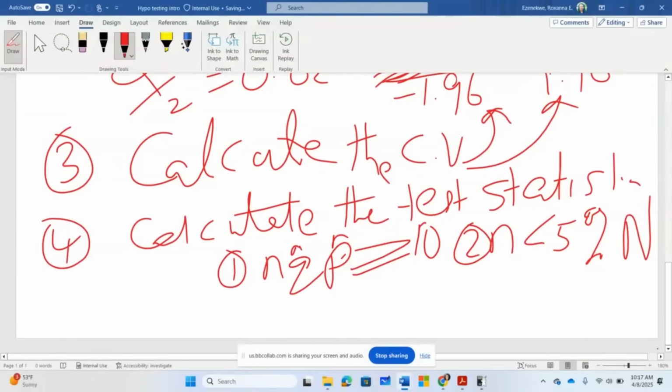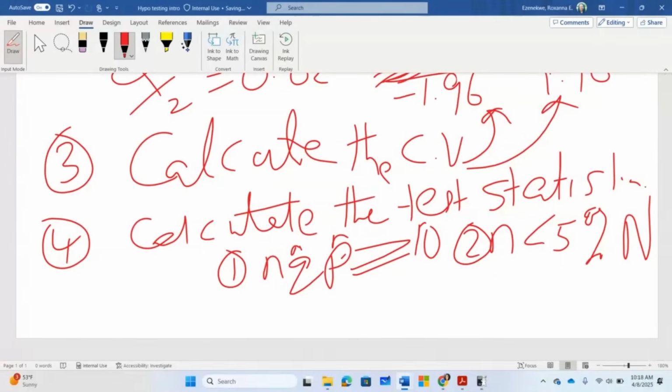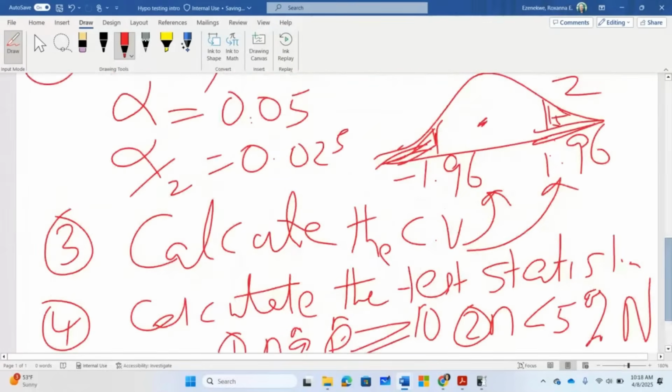If I'm doing hypothesis testing for P, then I must write the formula for P. I'll write this formula very soon.